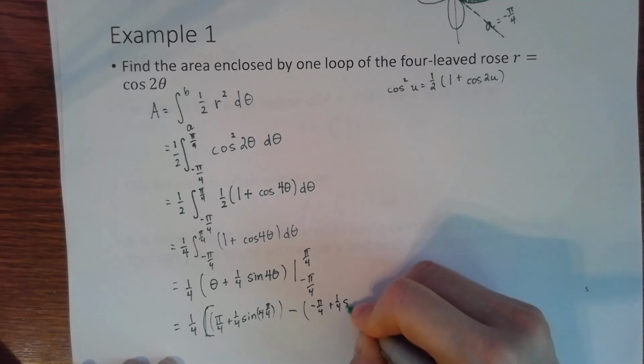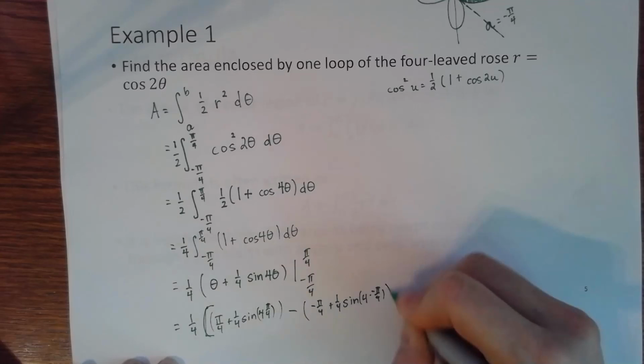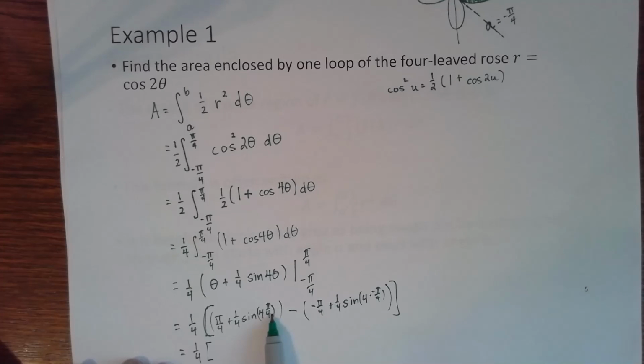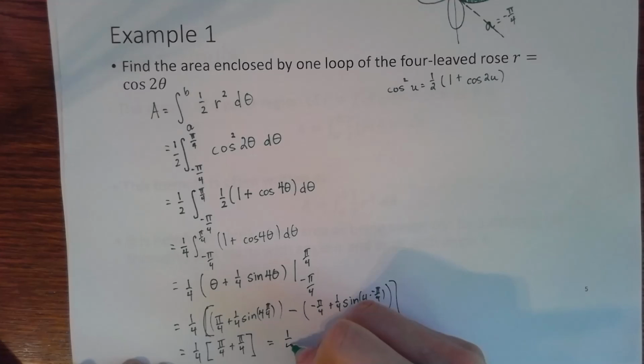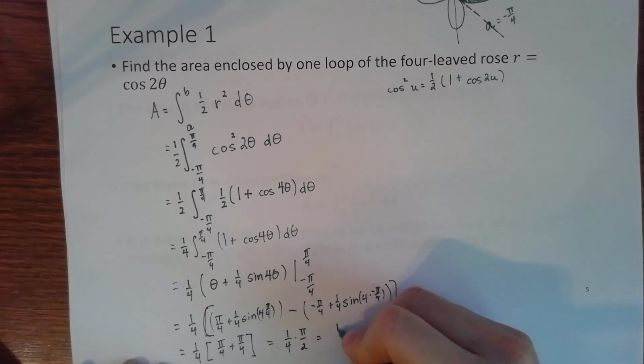The sine of negative pi is also 0, so we get negative pi over 4, or plus pi over 4. So this is going to be 1/4 of pi over 2, or pi over 8. So if we have a 1 out here, one of these leaves will have an area of pi over 8.